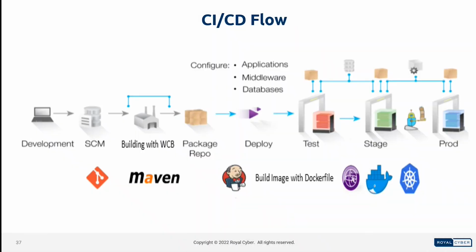So now here we have a CI/CD flow showing that once the developer creates the code in the development environment, like the HCL Commerce developer environment, the developer pushes their code to a source code repository like Git or Bitbucket.